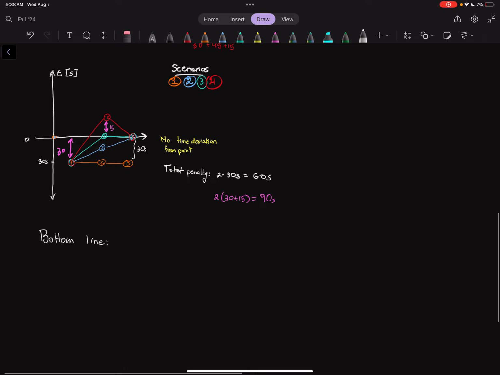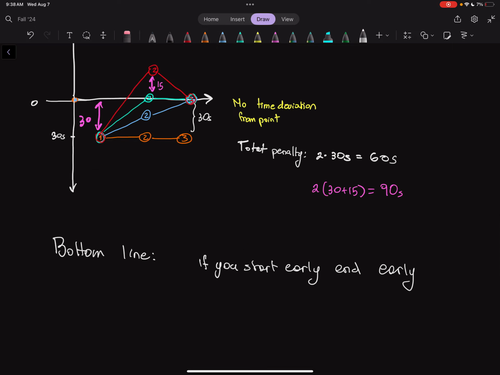if you start early and early, it doesn't matter how you distribute the earliness of each point, as you see here.